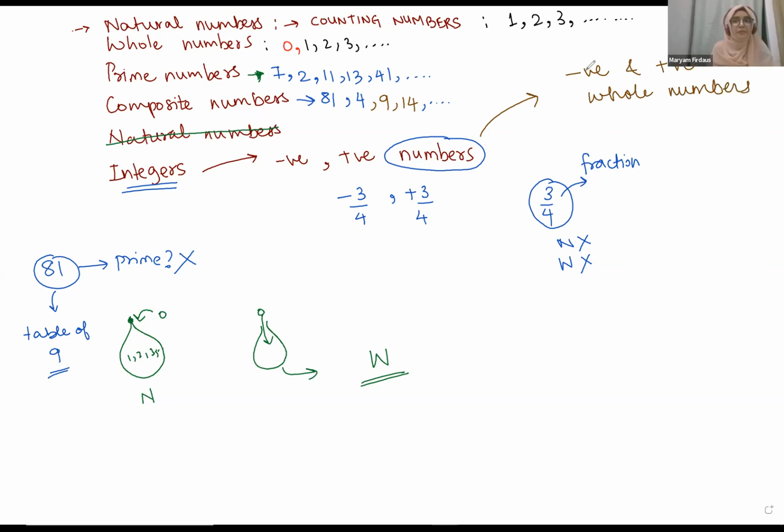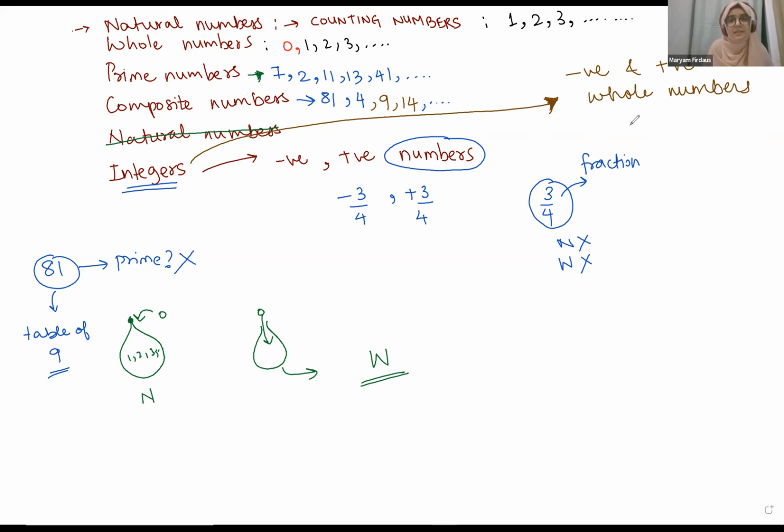Now can you tell me if this definition is valid? Just take any whole number, add a negative in front of it or add a positive in front of it, and tell me whether this definition is correct. Yes, it is correct. Negative 1, negative 2, or positive 1, positive 2.